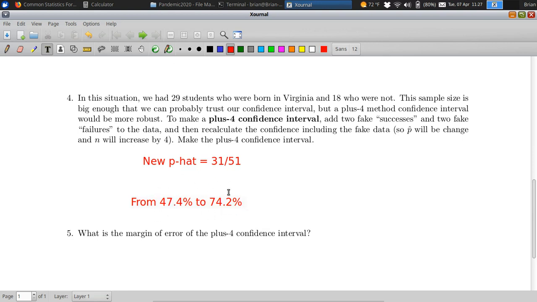They tend to tilt towards being around 50% or closer to 50% than the regular confidence interval. They're also more accurate. They're more trustworthy. So if you go to the trouble of making a +4 confidence interval, then that's the one you want to rely on. So this one, when I said I was 95% sure before, I'm even more 95% sure that this one is true, right? This one is a more robust interval. I can trust it a little bit more.